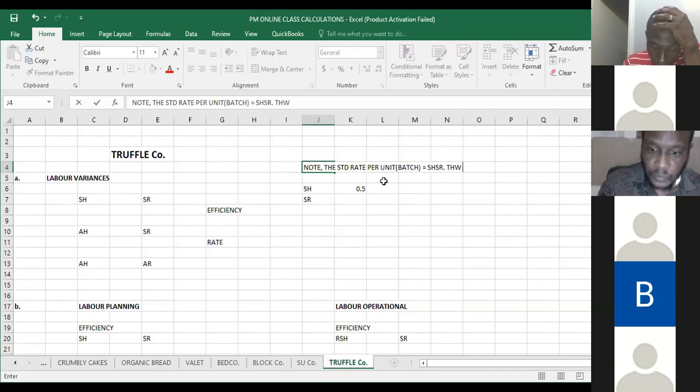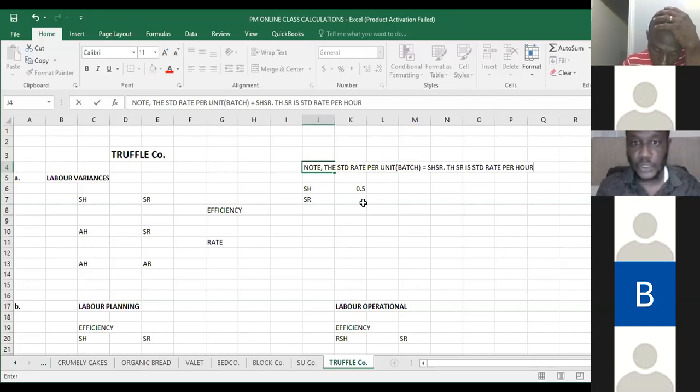Your standard rate is actually your standard rate per hour, not per unit. That was the tricky and the disturbing part of this question.